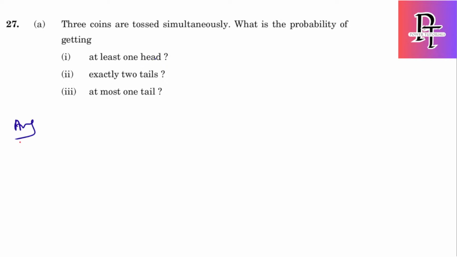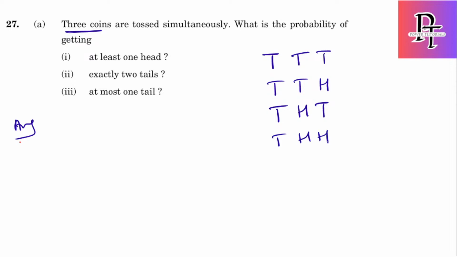These questions belong to the probability chapter. This is the first one. It says 3 coins are tossed simultaneously. So let's write all the probable outcomes when 3 coins are tossed. The options can be TTT, TTH, THT, THH.